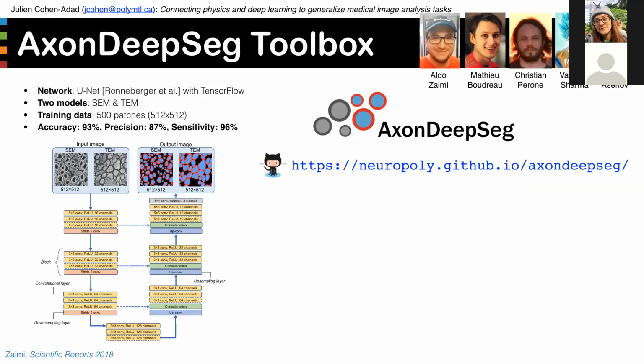So we've developed another package called AxonDeepSeg, which essentially includes different UNet models trained on scanning and transmission electron microscopy to do this kind of segmentation work. The details of the implementation and results can be seen in Aldo Zaimi's paper.